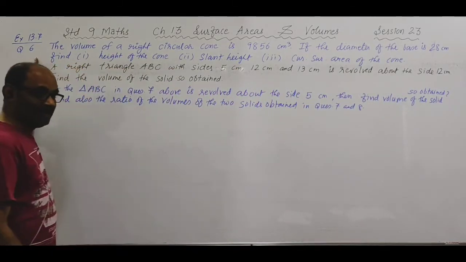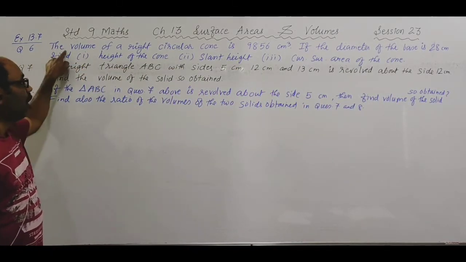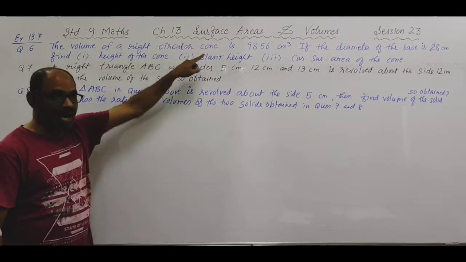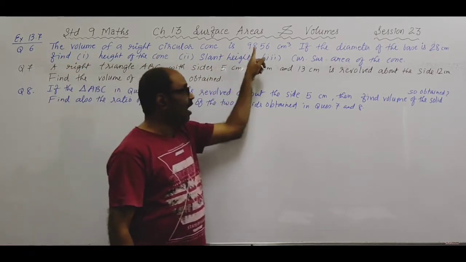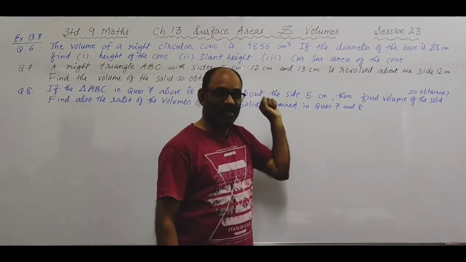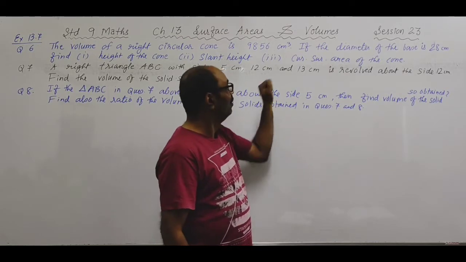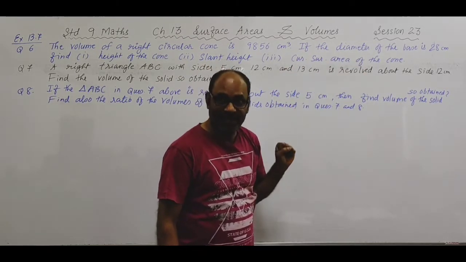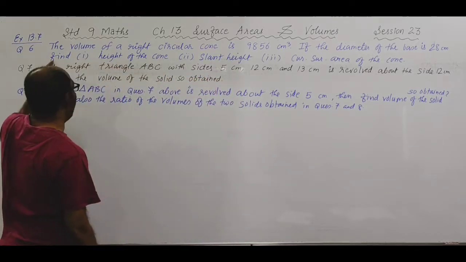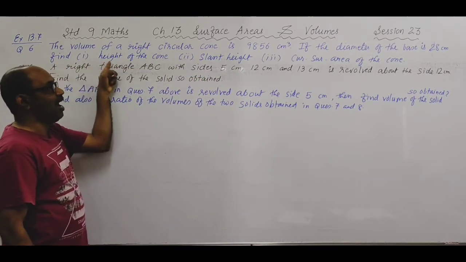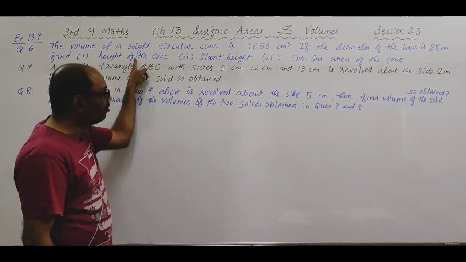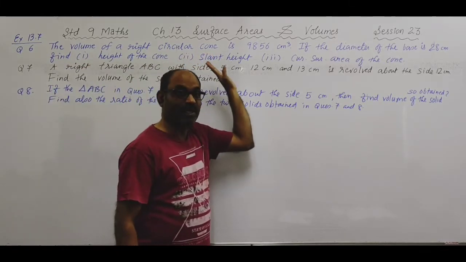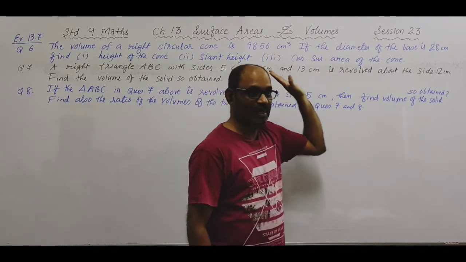Let's see the statement number 6. The volume of a right circular cone is 9,856 centimeter cube. If the diameter of the base is 28 centimeter, find number 1, height of the cone, that is h, slant height of the cone, that is L, and curved surface area of the cone.